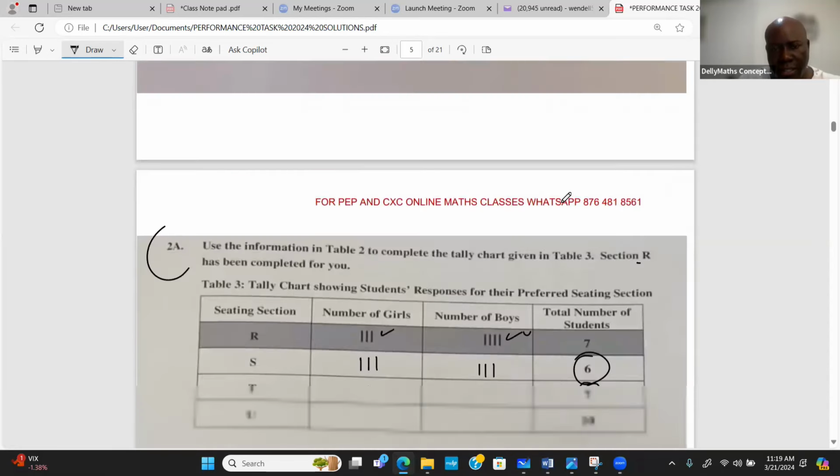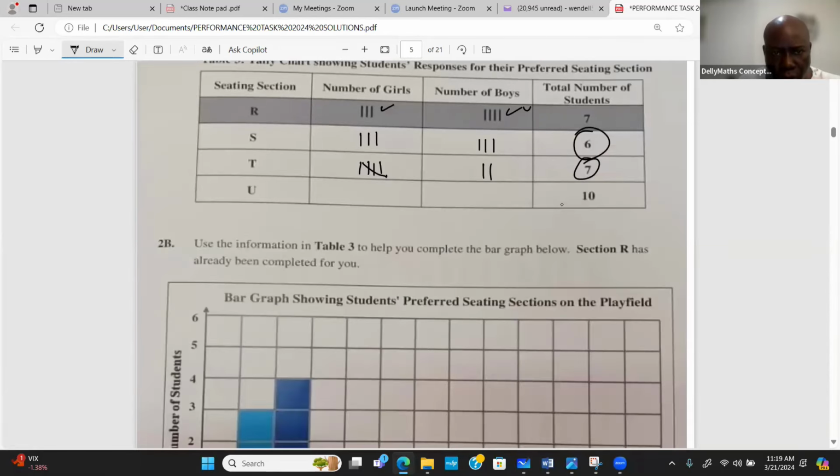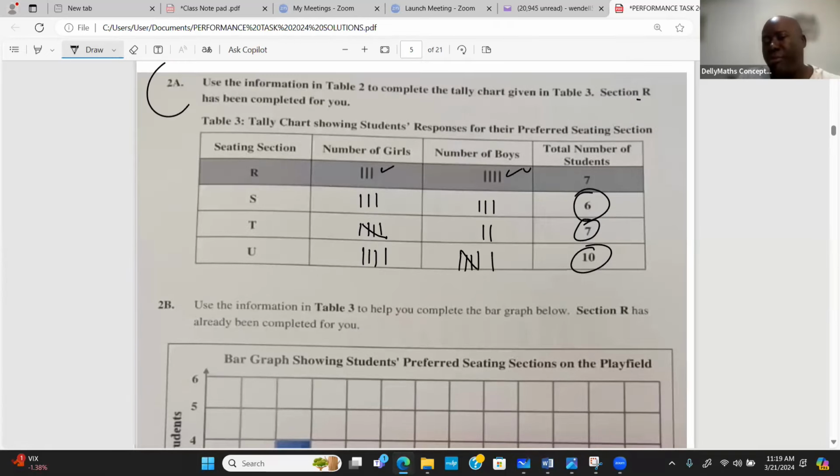So 4 girls, 6 boys. 4 plus 6 is 10. All right, so we have an idea of the preference from that survey of 30 persons. So we're seeing clearly what seat they all prefer overall. Well, let's keep going.